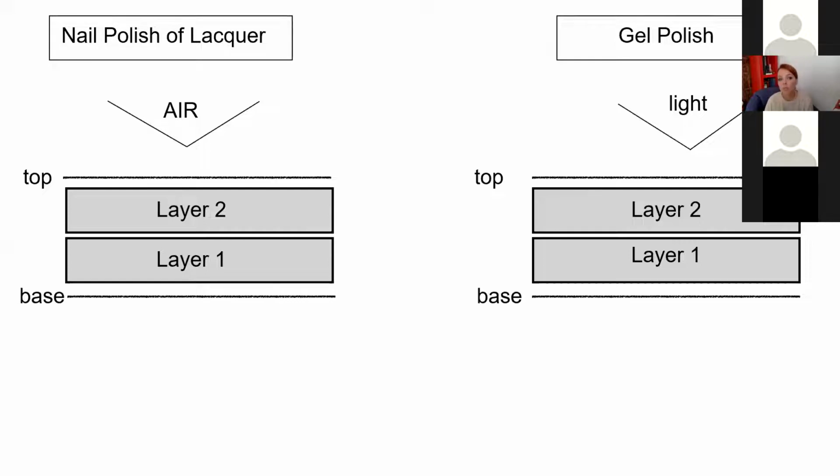So with the lacquer, I have so far covered everything, and now I'm going to move to the gel polish, which is on the right side of your screen. You can see that the gel polish is reacting. We don't say drying out, it's being cured, because it's a gel.